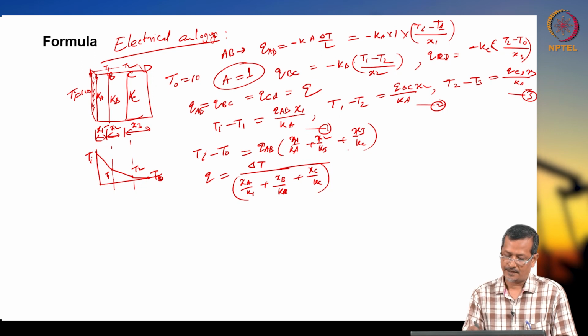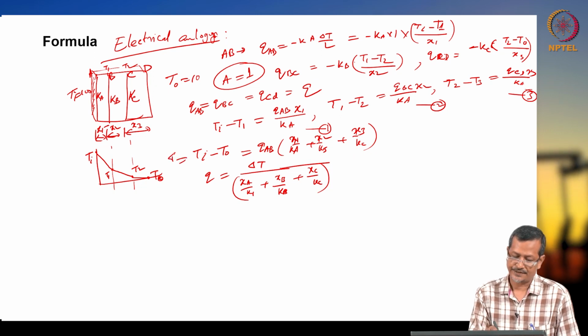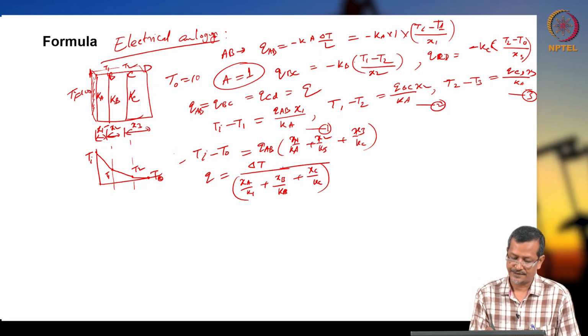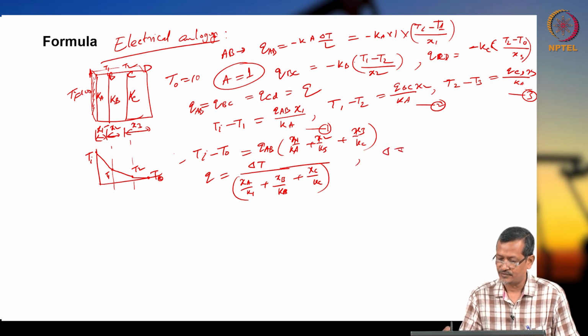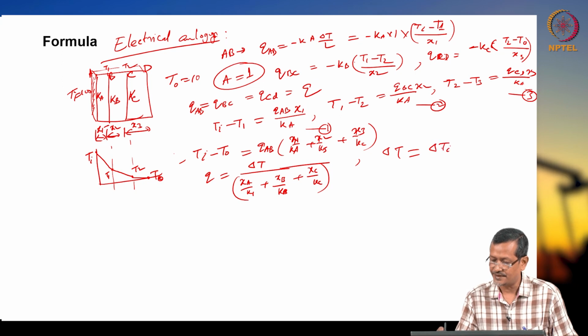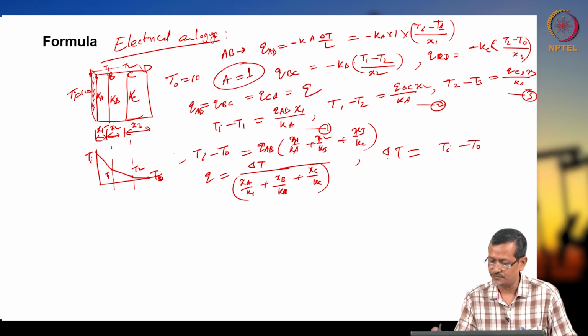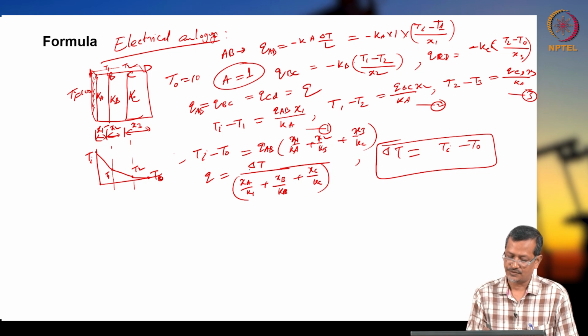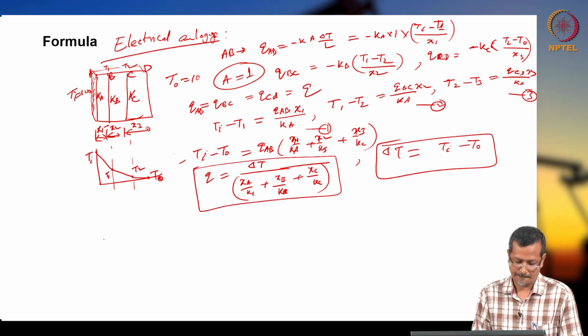Okay. So del T equals del T. Del T, I assume, equals Ti minus To. Okay. So Q is coming like this.